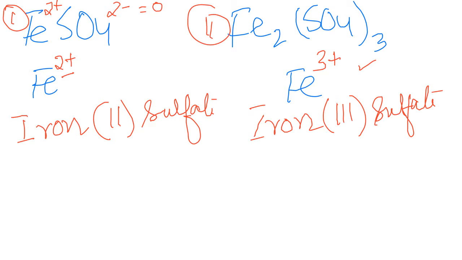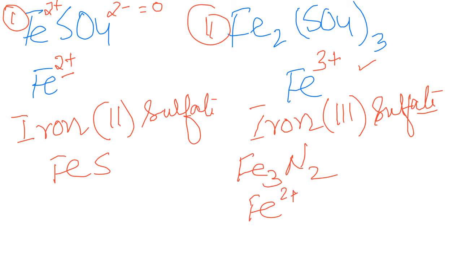Now iron sulfide. This one is sulfate because of SO4. Suppose you have iron sulfide like this, and iron nitride like this. This is nitride, so you can write Fe 2 plus here, and nitrogen is 3 minus. But this is sulfide, and you know sulfide is in the group of oxygen, and oxygen is always -2. Whatever is in the same group has the same charge.